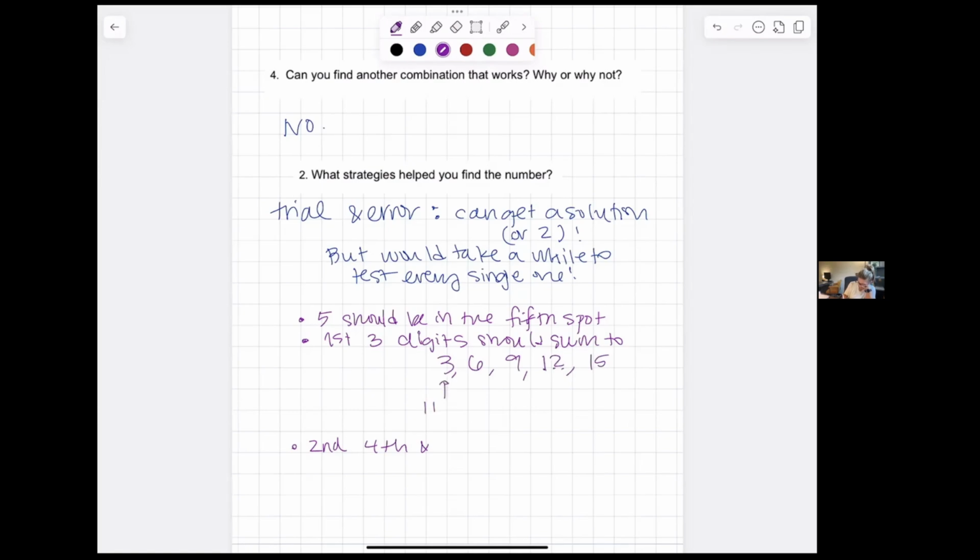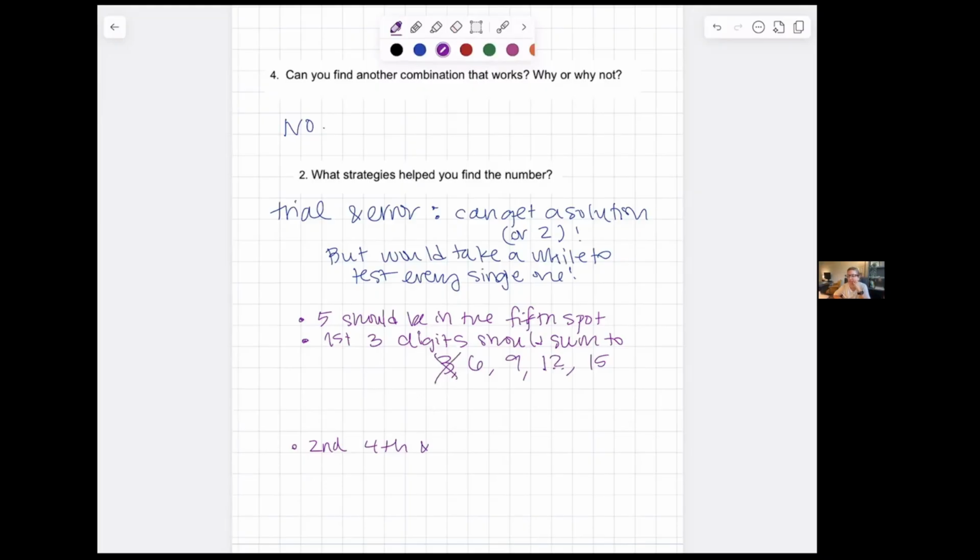Well, the first 3 digits would all have to be one, or some combination with zero, right? So we're never going to have them sum to 3, but they could sum to 6. Could they sum to 9? They could probably sum to 9, right?